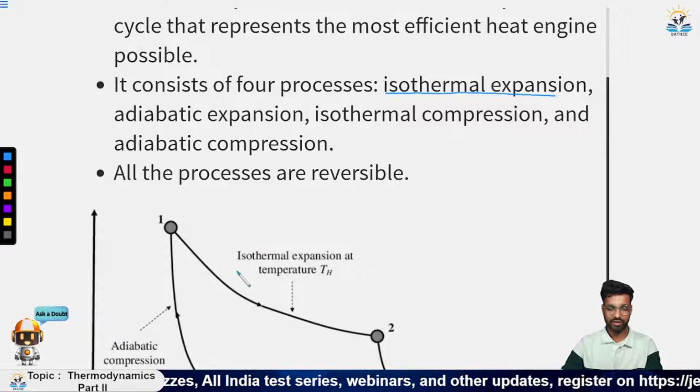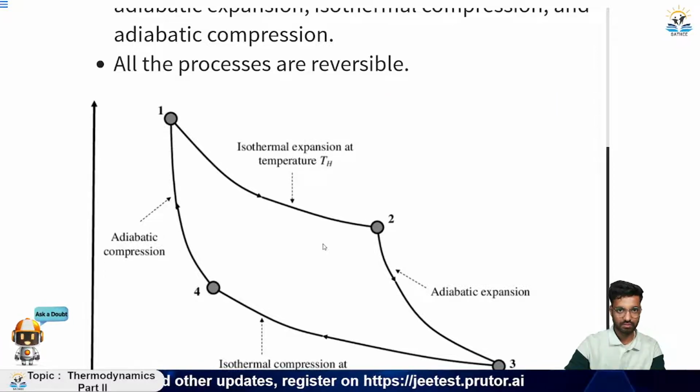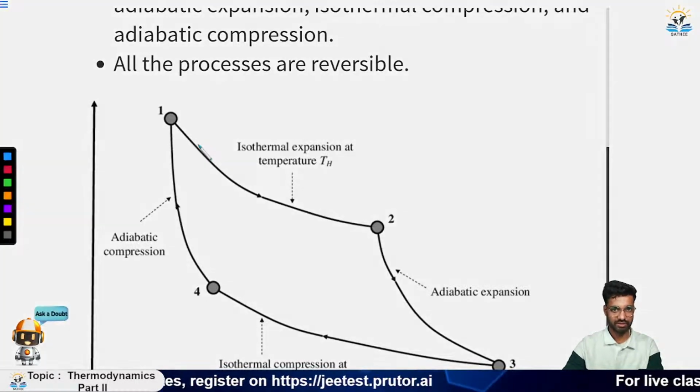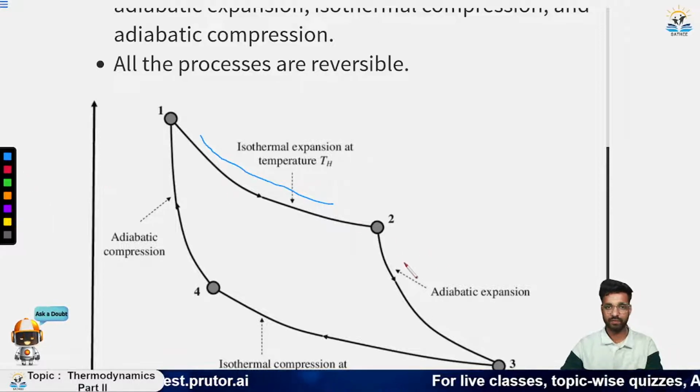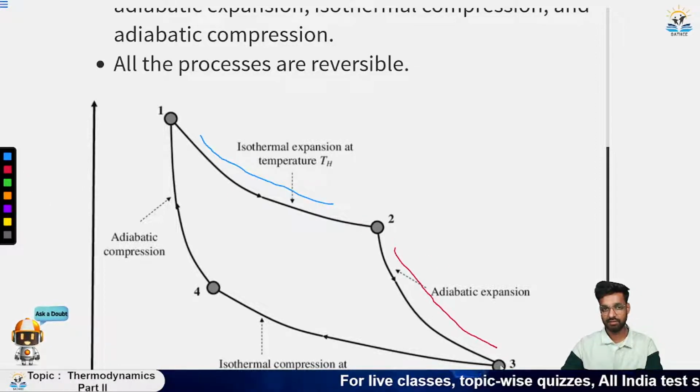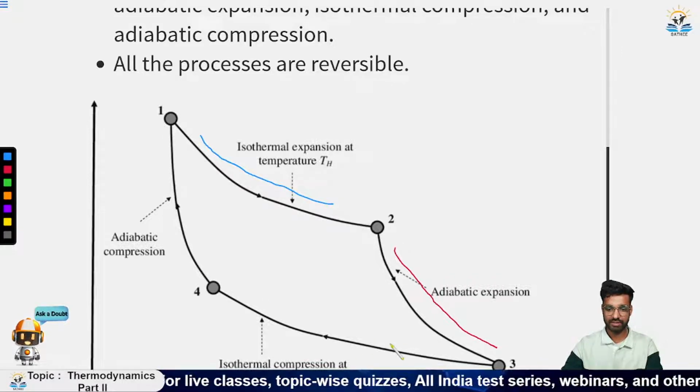From state one to state two, we do the isothermal expansion. Then in the next step, we do the adiabatic expansion. In the third step, we move to compression.